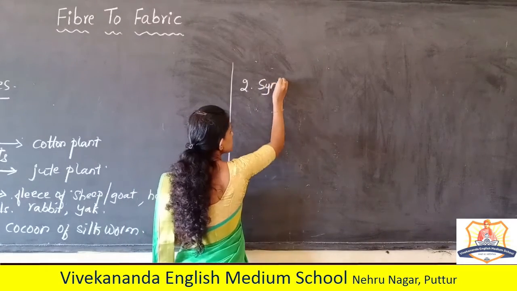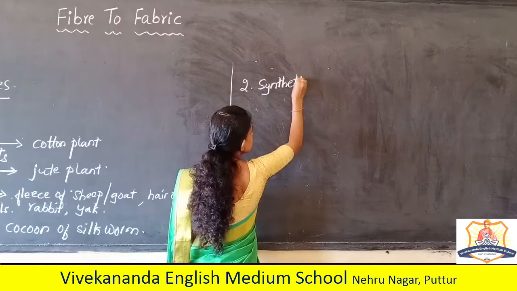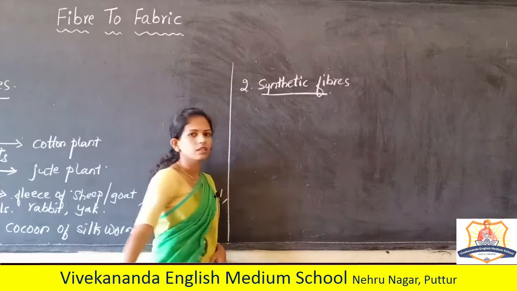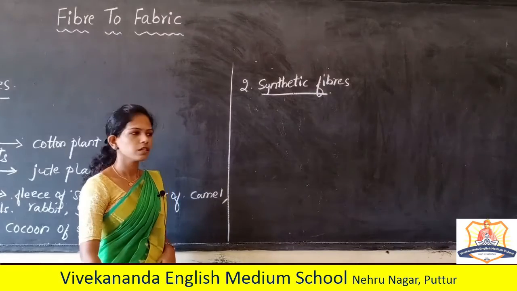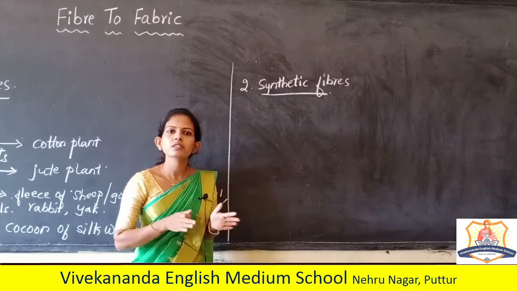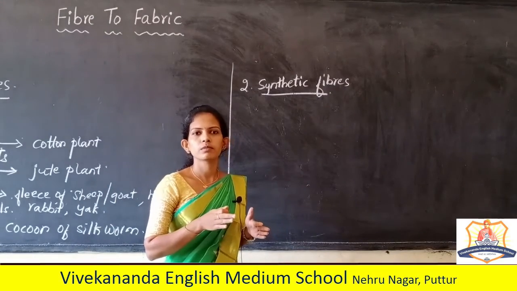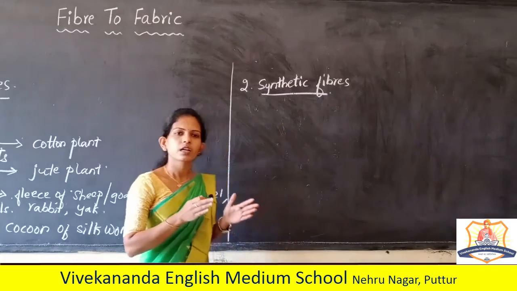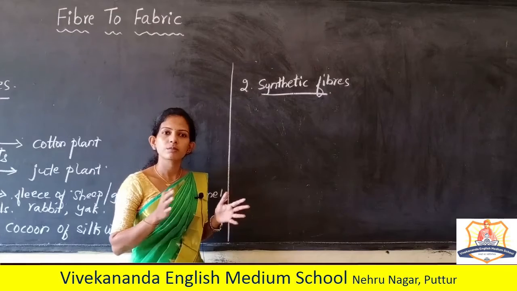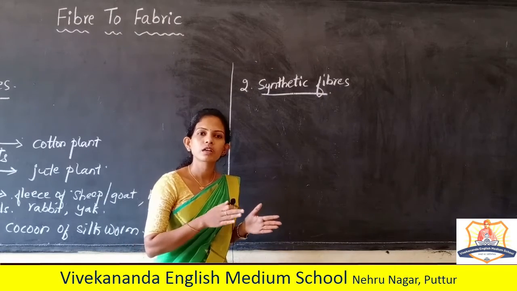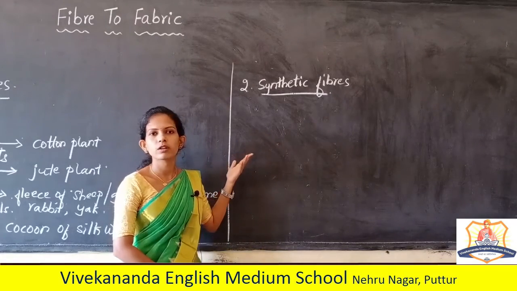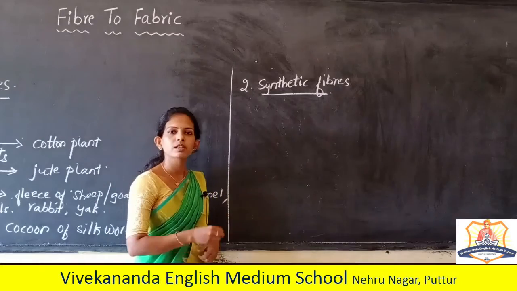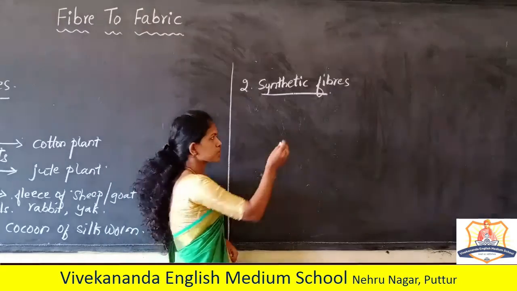Synthetic fibers are also obtained from chemical substances. When chemical substances are mixed together, they form fibers, which are called synthetic fibers. So synthetic fibers are made from chemical substances.